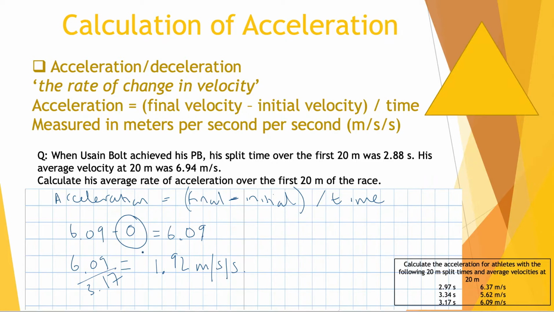Final velocity minus initial velocity gives you your change in velocity, and then that divided by time gives you your answer, your acceleration, your rate of acceleration. That's probably the trickiest calculation because there are 2 stages to it, especially if you had to work out final or initial velocity, which I'll show you how to do later in the video.